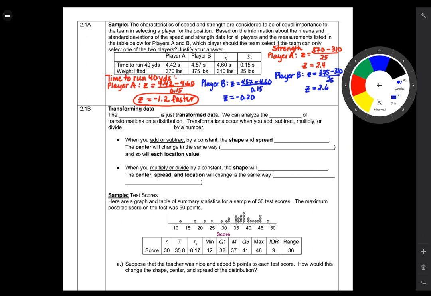So now looking at those two z-scores, the 2.4 and 2.6 are pretty close together. So player B is definitely better in this case because player B has a slightly higher z-score, but not much better.